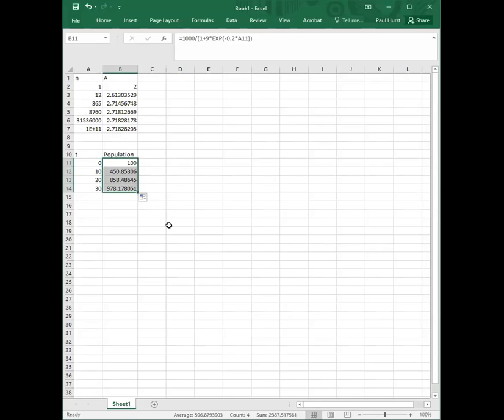People would be like, that doesn't make any sense. I mean, maybe it does make sense, but people don't really think that way. So the first one would round to 451. This would round to 858. This would round to 978. Okay, so let's go ahead and put those values in to the other document.